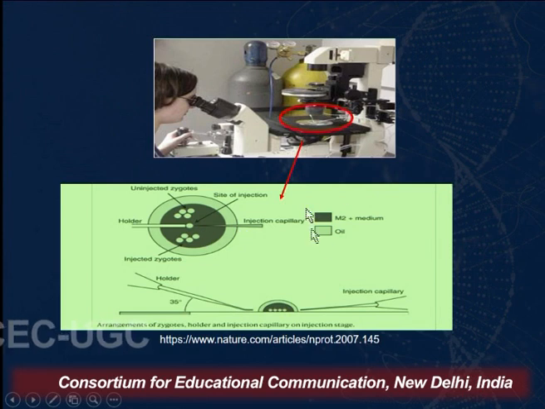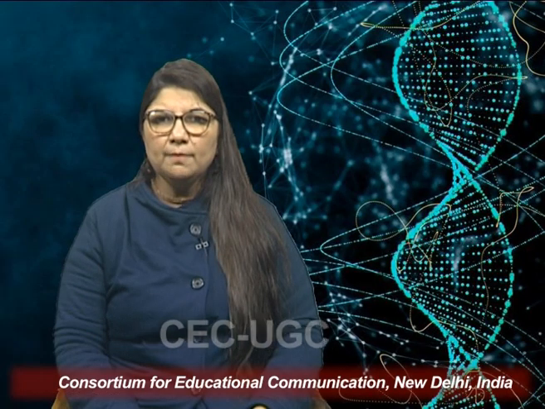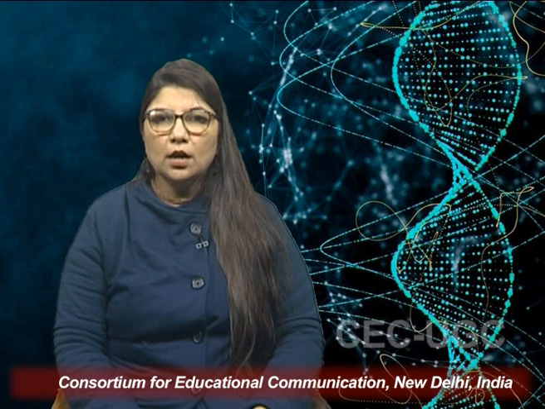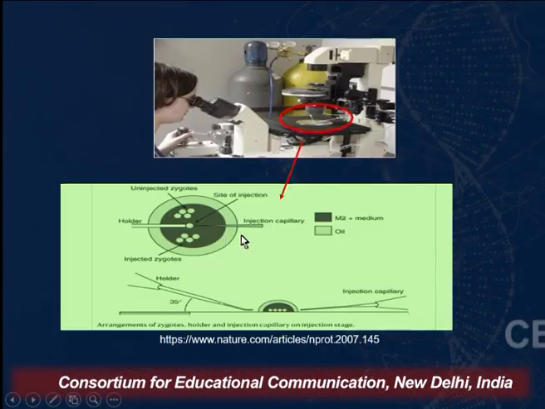So this oil basically helps in preventing evaporation of the media, and the dehydration of the zygotes, so that even the loss of zona pellucida does not occur. So this kind of oil film is introduced so as to avoid the loss of zona pellucida, or the dehydration of the zygote.